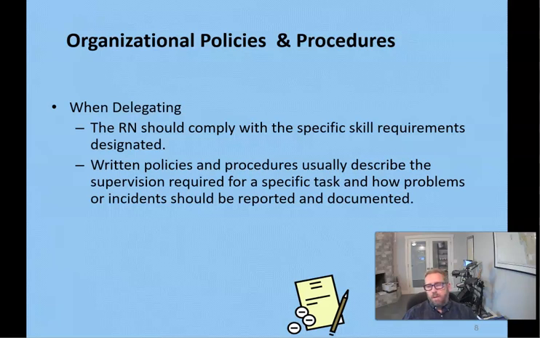When you're working alongside someone, you'll get to know that. But the close assessment of that is going to be critical. Written policies will usually describe the supervision, what's required, what's appropriate, what's not. From a risk standpoint, the more clearly that's conveyed from a facility's perspective, the better.